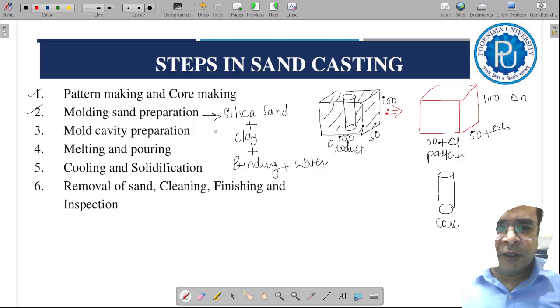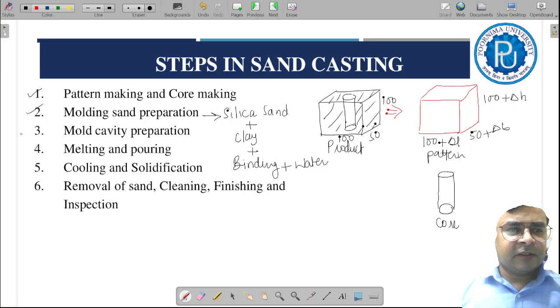There is no sure way to fix a particular ratio. We don't have any mathematical relation for determining this, so it is identified experimentally, and it is an error and trial based method.